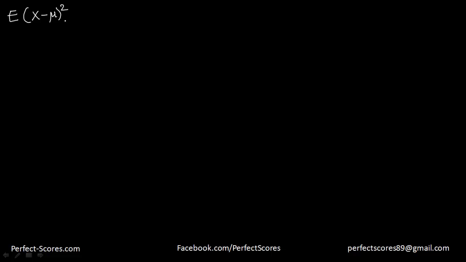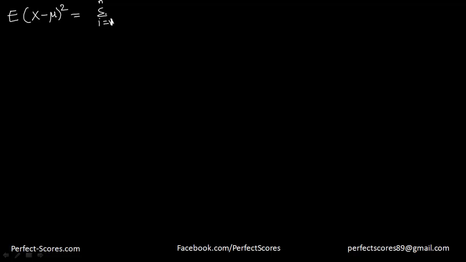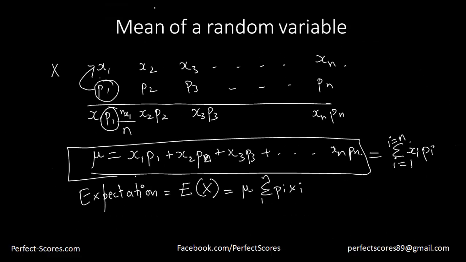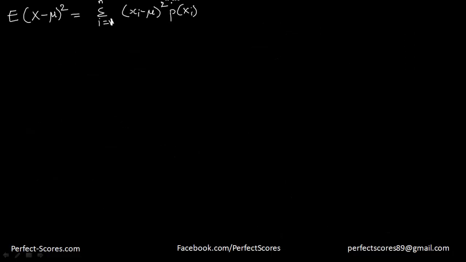That is going to be equal to the summation of i equal to 1 all the way till n of (xi minus mu) whole square multiplied by its probability, because we already know from the previous videos that the expected value is equal to the summation of pi into xi, where xi over here in our case is equal to (xi minus mean) whole square.